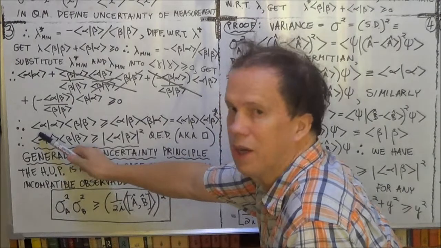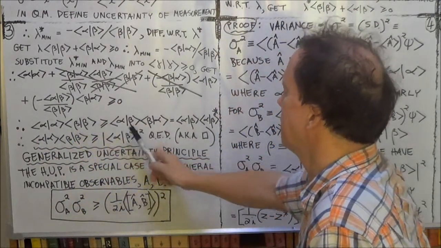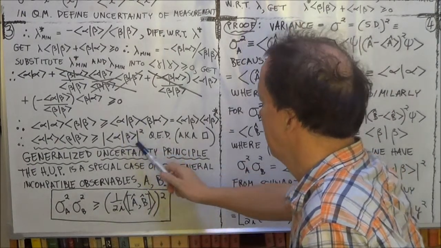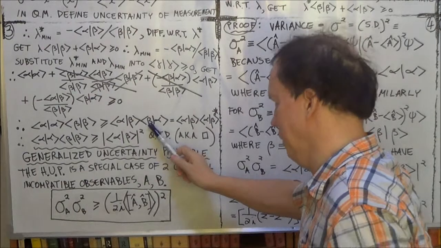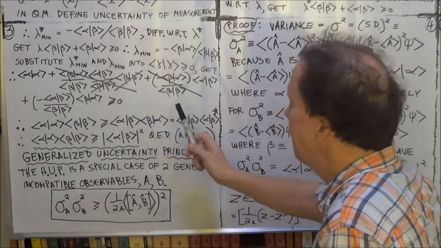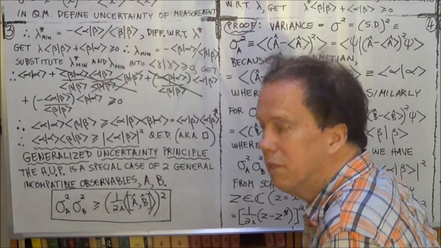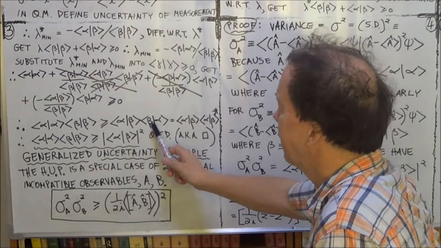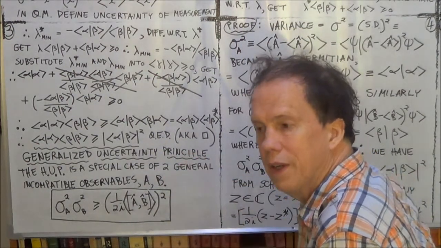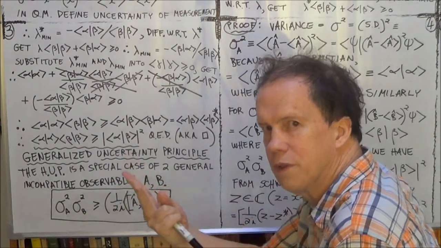So then you've got bracket alpha alpha times bracket beta beta is greater or equal to bracket alpha beta times bracket beta alpha. Now, can you remember from a few sessions back that if you take a bracket and conjugate it, you star it, the result is the same as if you just reverse the bra and ket?